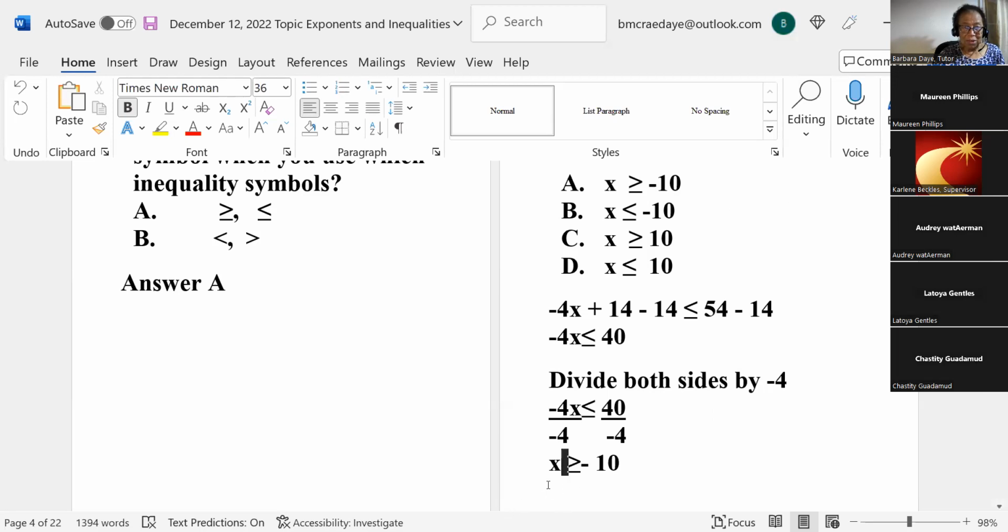Greater than or equal? Look at your inequality symbol. Less than or equal to? No, no. X greater than or equal to minus 10. Which of those choices does that match?